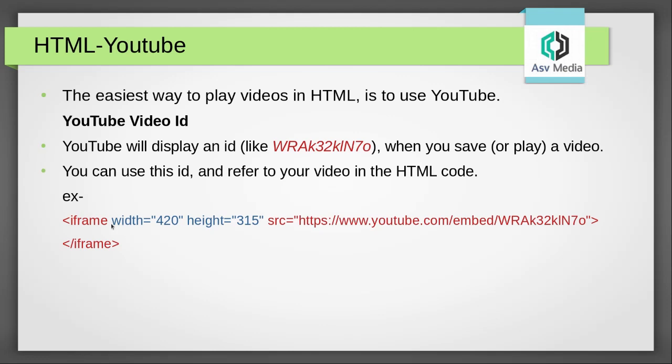This iframe will have a width of 420 pixels and a height of 315 pixels. Then it has the source of the YouTube video. Here you just need to copy your YouTube video's embed code and put it in the source. So how to copy this embed code?